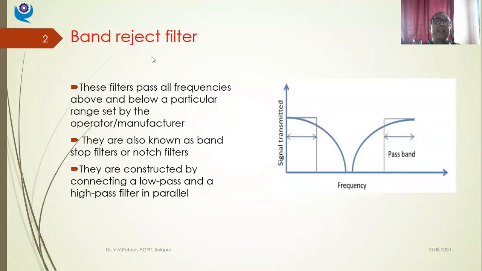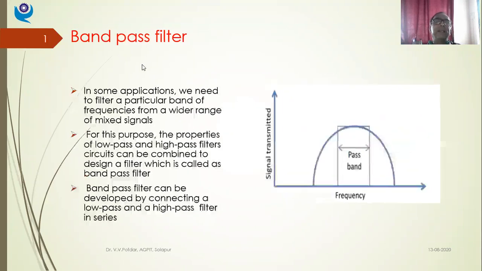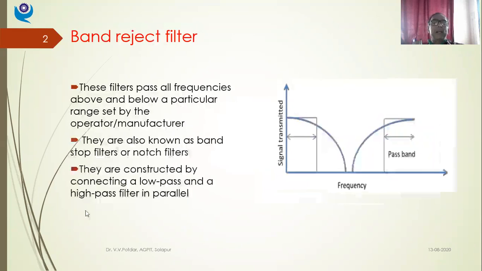So for a band reject filter, the low pass and high pass filters are connected in parallel, whereas for a band pass filter, the low pass and high pass filters are connected in series.